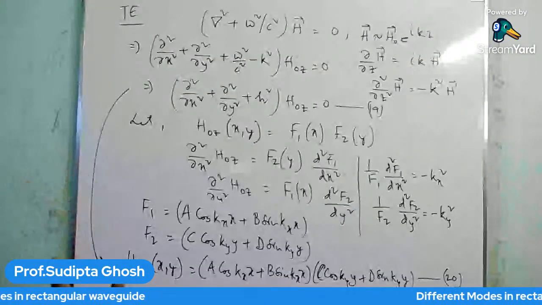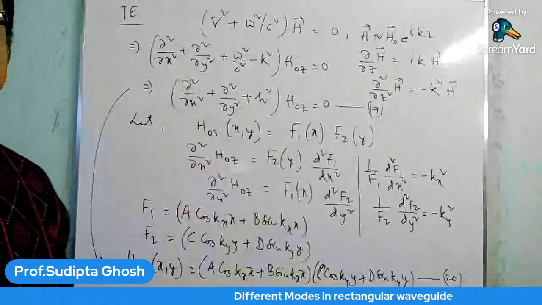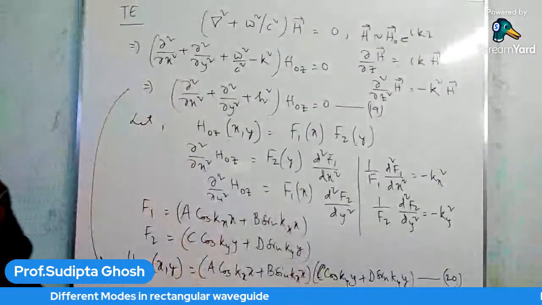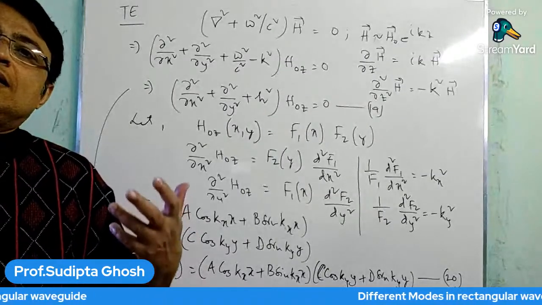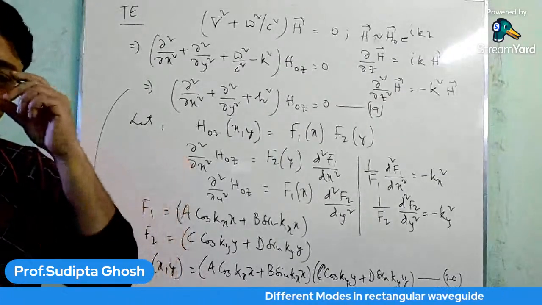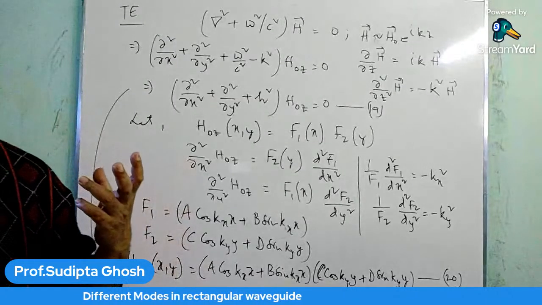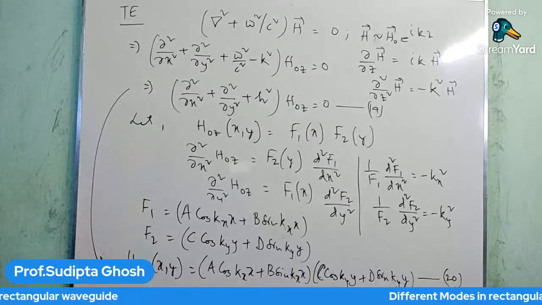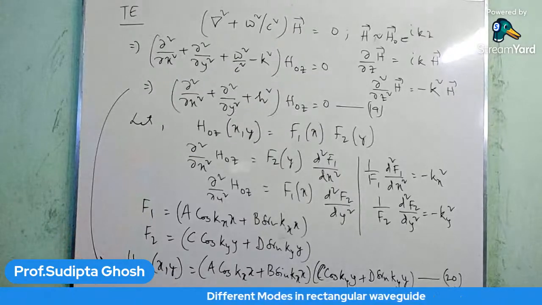We have to consider a rectangular waveguide, as this entire derivation is based on the rectangular waveguide. In the image of this video, you can find a picture of a rectangular waveguide.